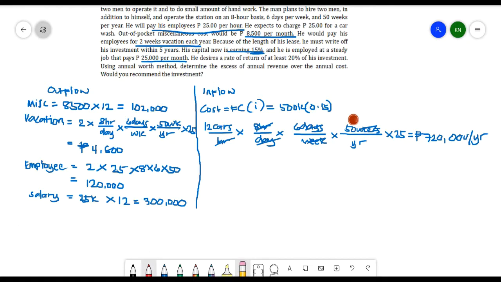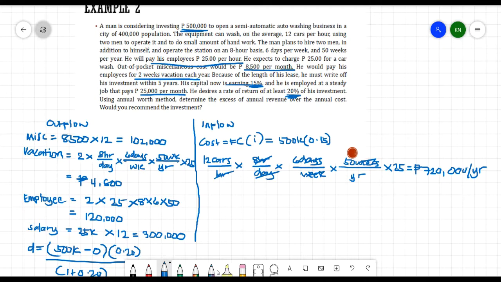But we forgot one outflow here, which is the depreciation. For the depreciation, we have the first cost, which is 500K, minus no salvage value, times 0.20, all over 1 plus 0.20 raised to n, which is 5 years, minus 1.